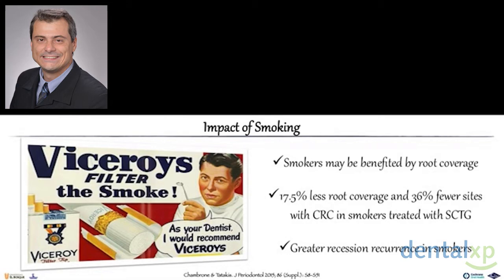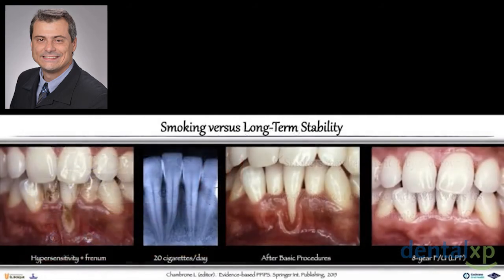Also, smokers may present greater recession recurrence. On the other hand, at this point in time, the effect of treatment of smoking and non-smoking patients with flap procedures seems the same. However, we should account that there is limited information available for a definitive analysis. But as said in the previous slide, and demonstrated in this case, smokers may be benefited as well.